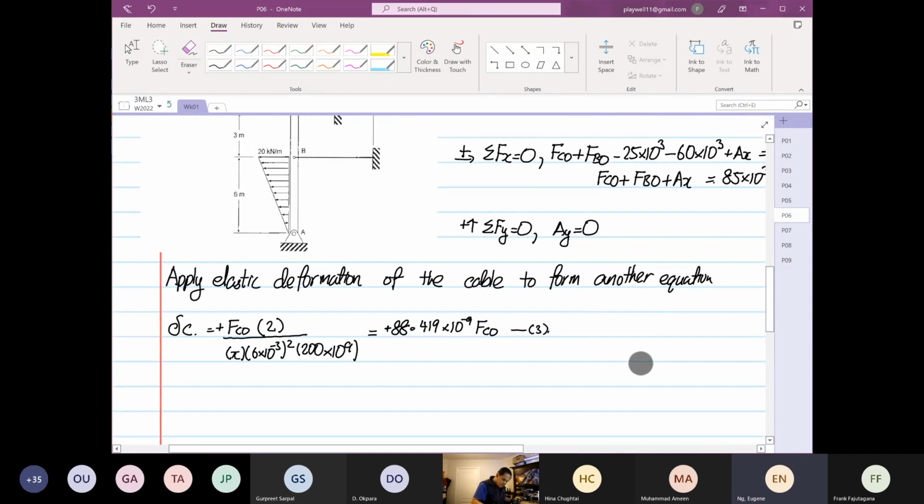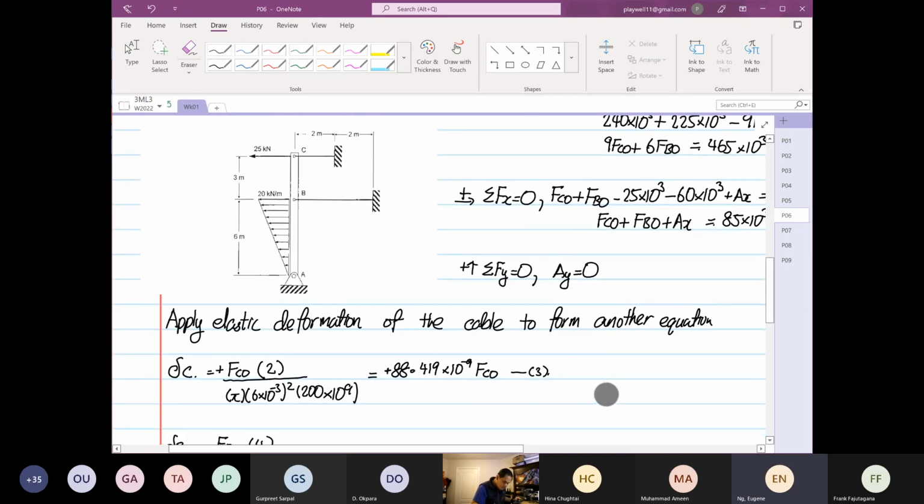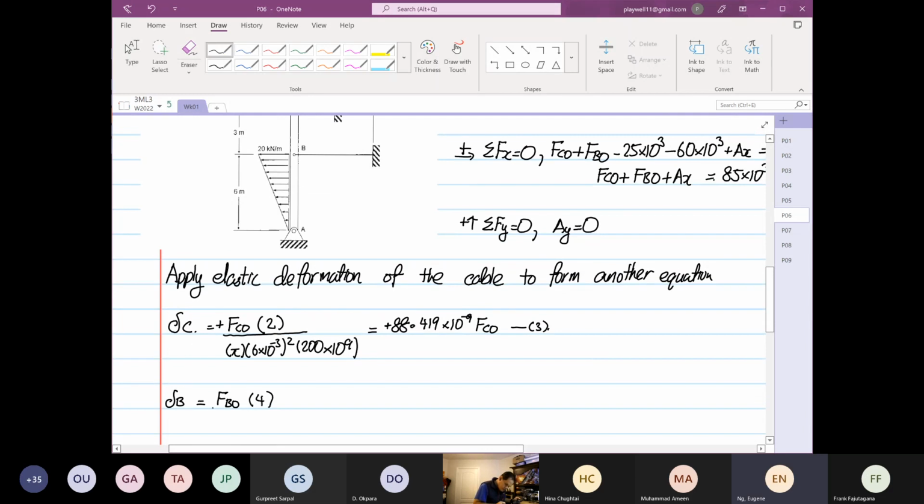And then deflection at point B is equal to FB naught multiplied by the length, which is now 4 meters, because the length of the cable is 4 meters, divided by pi, same diameter, same material.